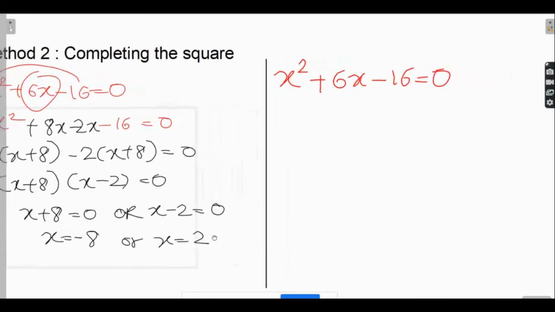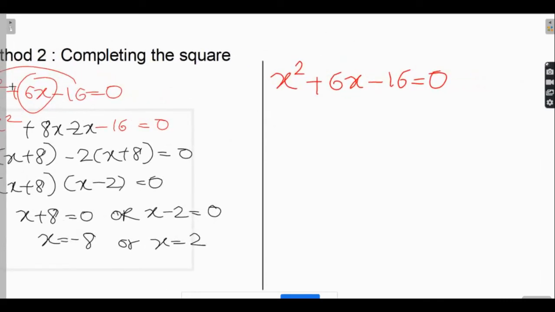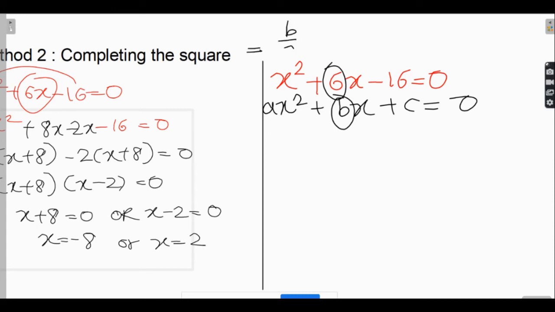This is of the form ax square plus bx plus c, right? So what is your b? Whatever is the coefficient of x is your b. So the formula of completing the square is b by 2 the whole square. That's it. That is the formula.